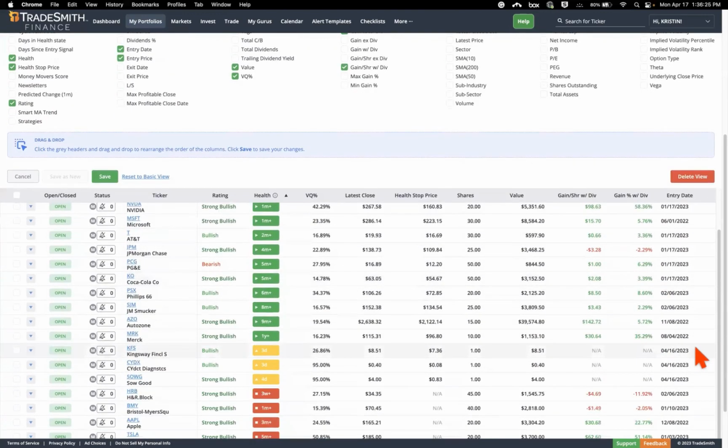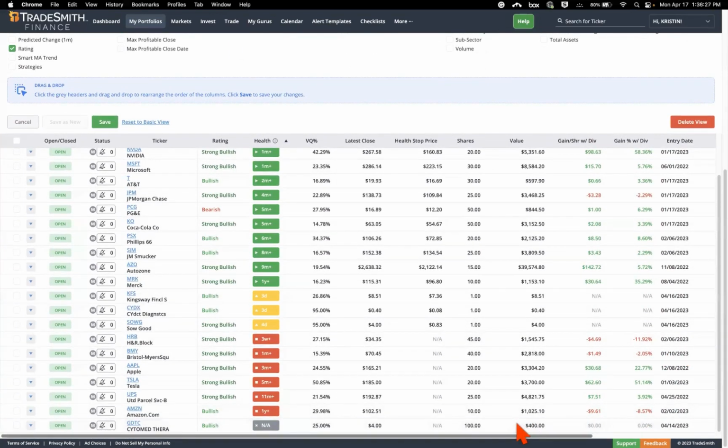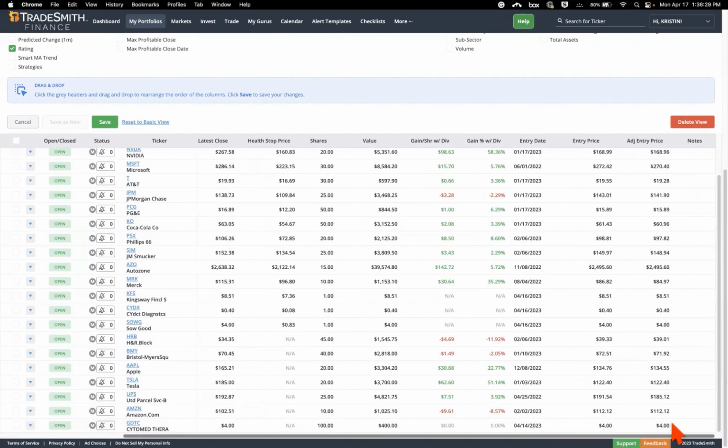So you have to scroll down, take your scroll bar, move it all the way to the end, and it should be over here. Those of you that are adding it now, you're going to click on it and basically drag it to where you want it to be. I suggest putting it next to the latest close like I have it. And then once you have it in the spot you want it, just let go of your mouse and it should drop in there. And then all you have to do is hit save.